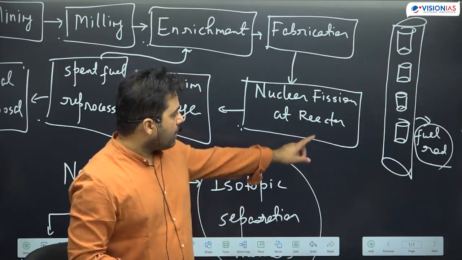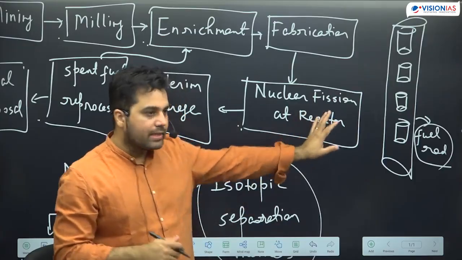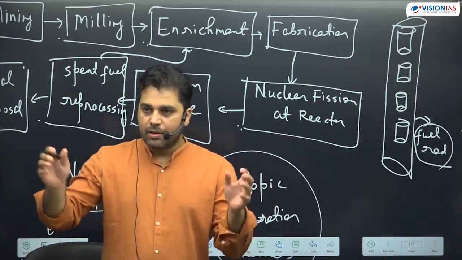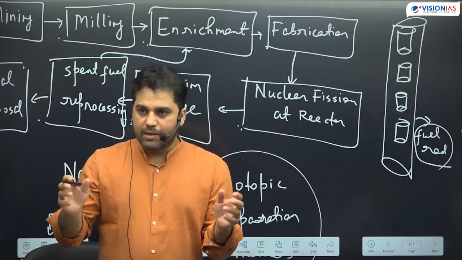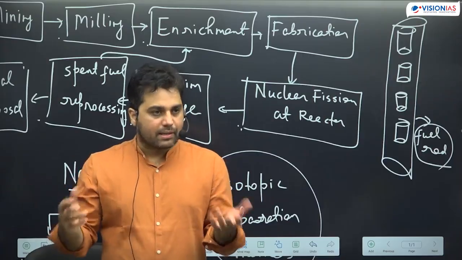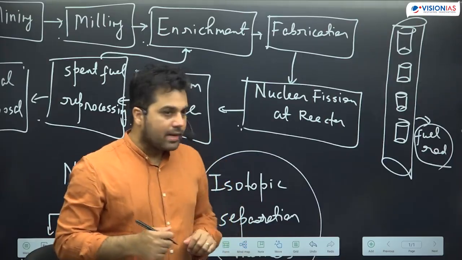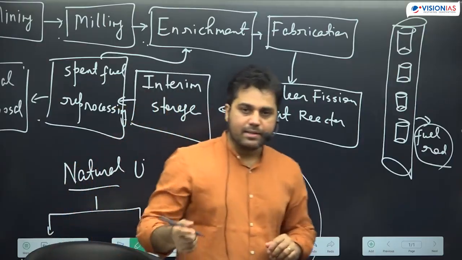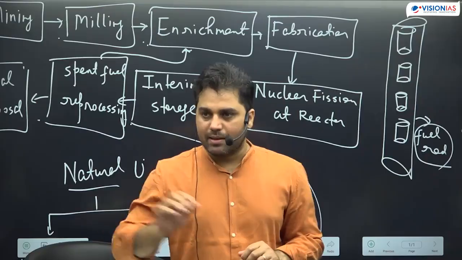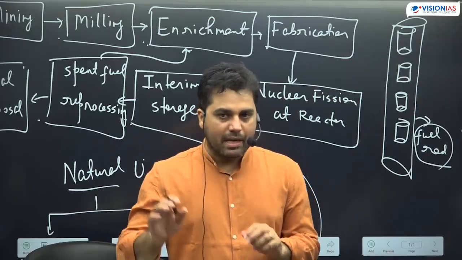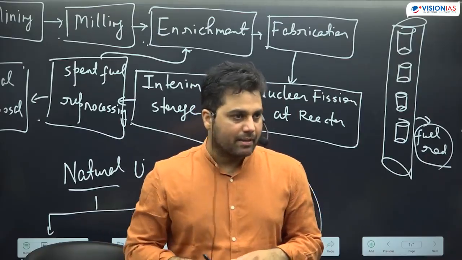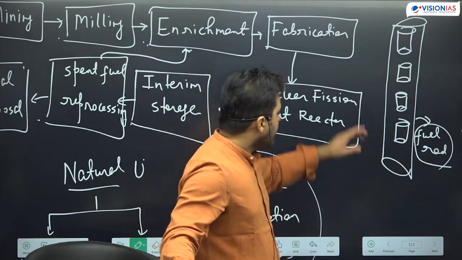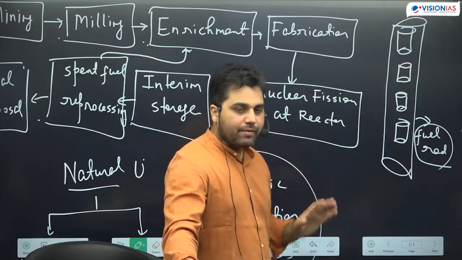But at one point of time, there will be about 150 to 200 fuel rods working together. So 200 fuel rods together, I can call an assembly of fuel rods. And when a nuclear reactor operates, at one point of time we keep at least 100 to 150 assemblies simultaneously, so that we can keep replacing them whenever required.